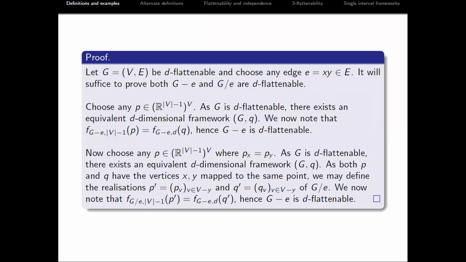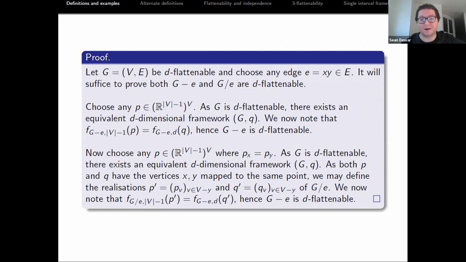I was kind of hoping to keep the rest of the vertices fixed and just have the x and the y moving closer and closer together. But it's not so clear that you can do that. I don't think you always can. I think you can sometimes.